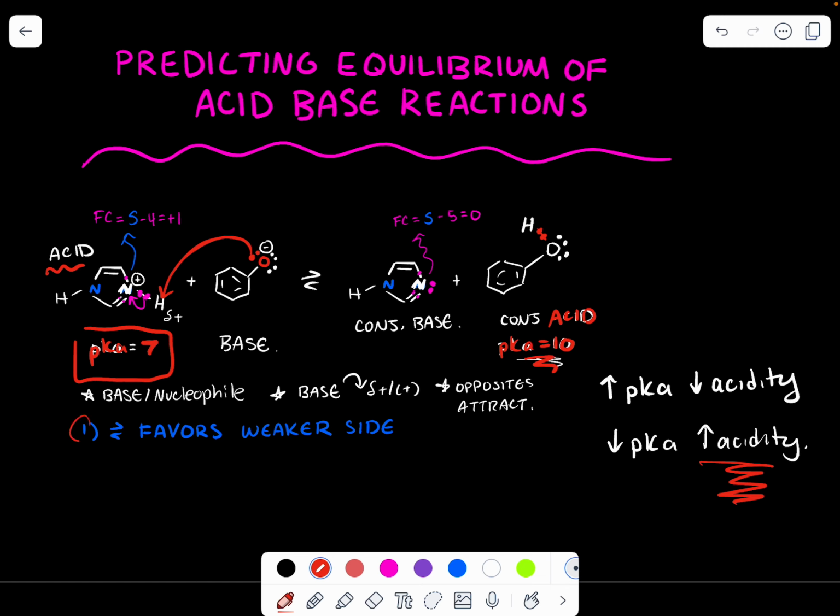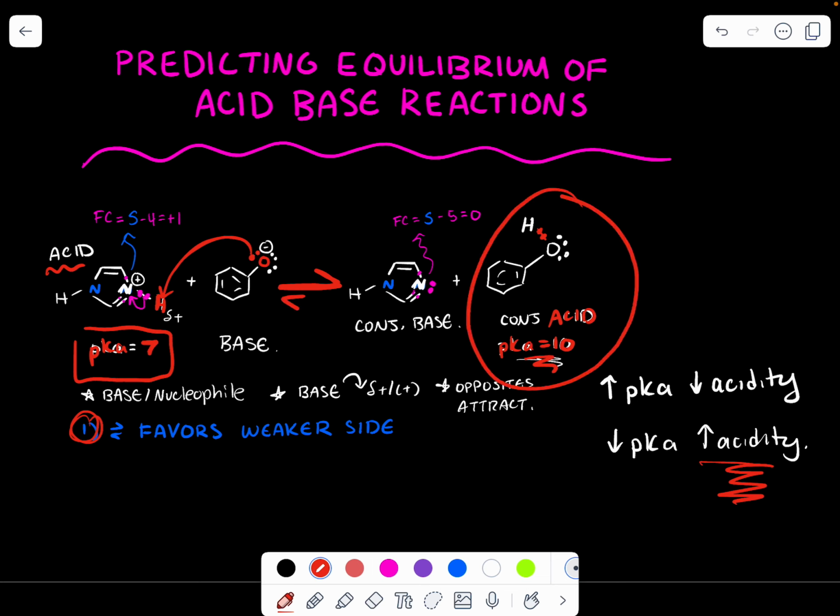And I say here, equilibrium is always going to favor the weaker side, so it's going to favor the weaker acid. Why? Because this hydrogen, we just established, is very acidic. That means it wants to leave, it wants to be removed. So it's always going to be getting removed and joining to the O, and it's going to be the OH bond instead. So it's going to favor the side with the weaker acid.